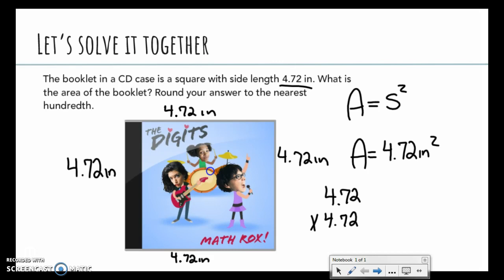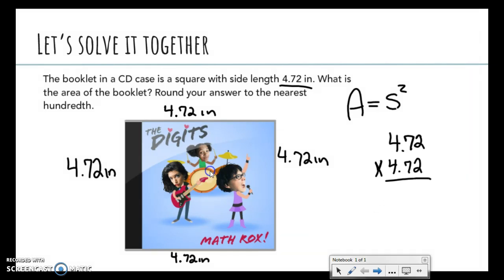Don't forget that squared just means you're going to multiply it times itself, so 2 times, okay? So this is going to be a little bit of a long problem we have to do. Alright, I want you to try to do it by yourself and see if you can figure it out. And then when you got it, push play to see if you've gotten it correct. Okay?